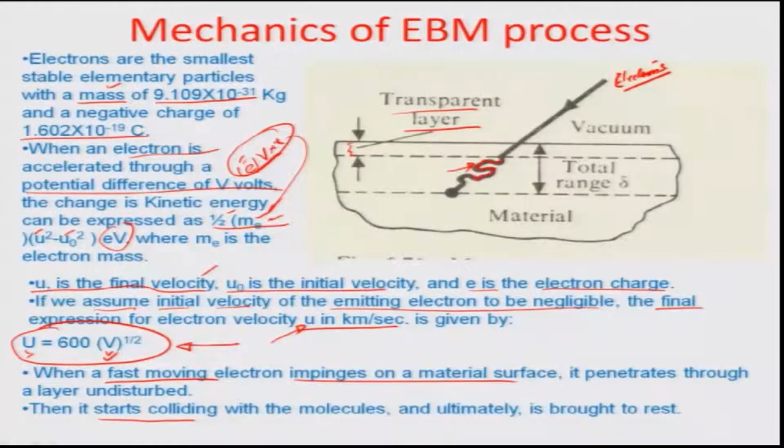This curly path here represents the collision process below a few layers which have been crossed as a transparent layer by the high velocity electron. Ultimately the electron is brought to rest because all its energy has been transferred as kinetic energy, and the temperature of this layer has increased to the level so that it can start vaporizing.